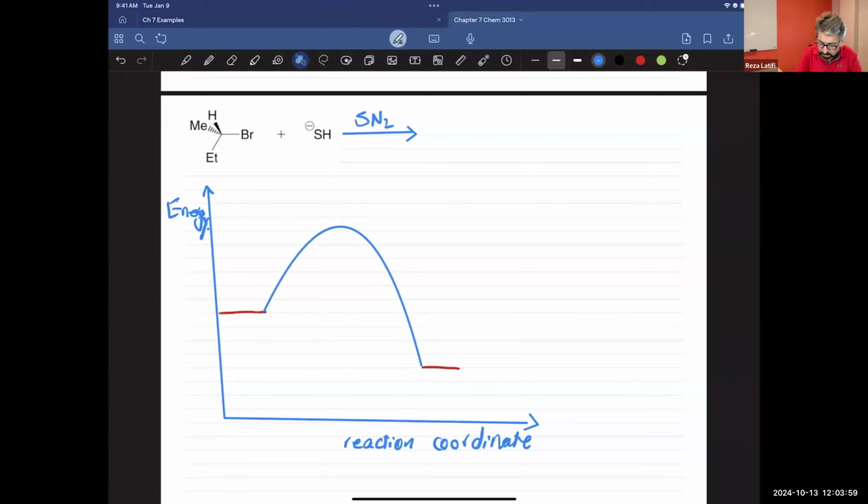The gap between reactant and product I will call delta H of the reaction. So this one will be the product, and that one is the reactant. The gap between the maximum point and the horizontal line we're going to call the activation energy, Ea, and the max point we call the transition state.